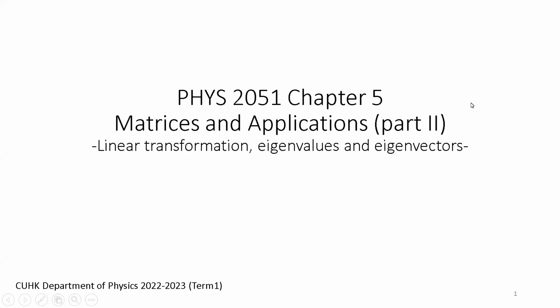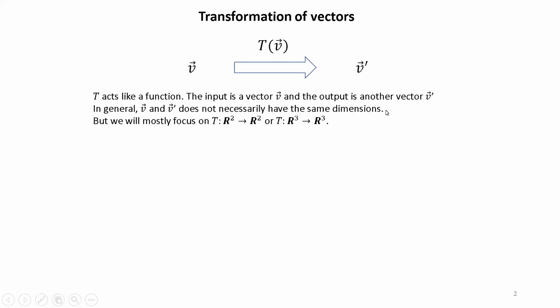So first of all, what do I mean by transformation? More specifically, I'm talking about transformations of vectors. Suppose I have a vector v, and then I do this transformation, which I denote by T of v, and then after this transformation, I get another vector out, this v prime.